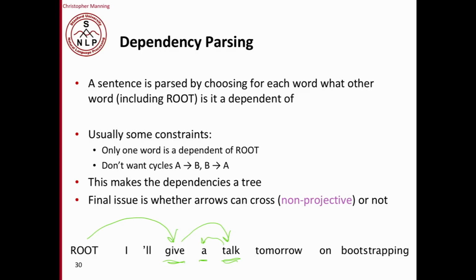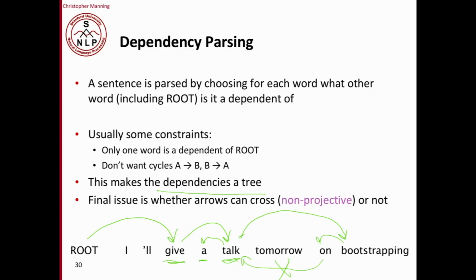For each word, we want to choose what it is a dependent of, and we want to do it in such a way that the dependencies form a tree. That means it'd be a bad idea if we made a cycle. If we said bootstrapping was a dependent of talk, but then things move around so that talk is a dependent of that, and it's all in a cycle, that's bad news. We don't want cycles, we want a tree.